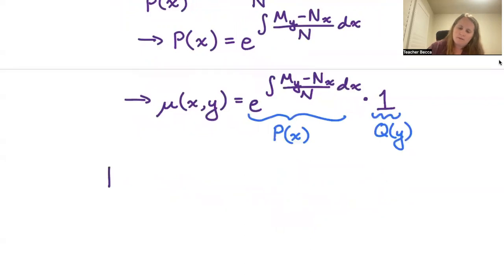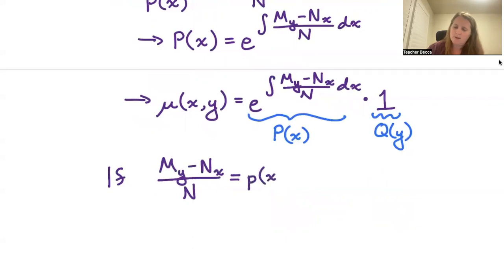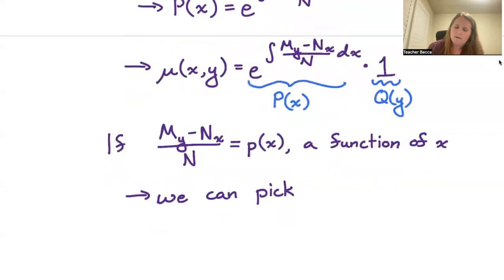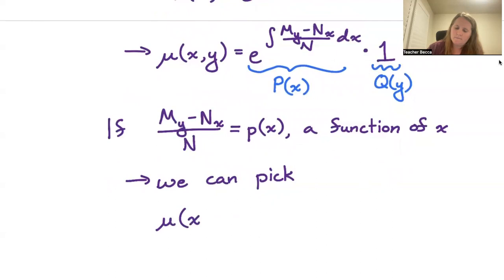So again, if my minus nx over n is a function of x, I'm going to label it as p of x this time, a function of x, then we can pick mu of x equaling e to the integral of lowercase p of x dx as our integrating factor.